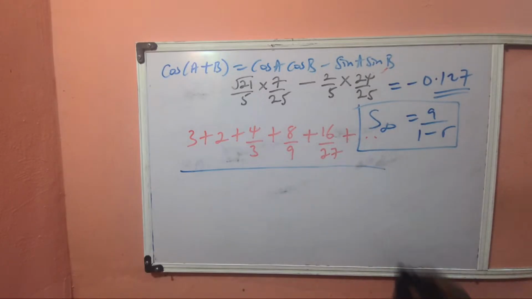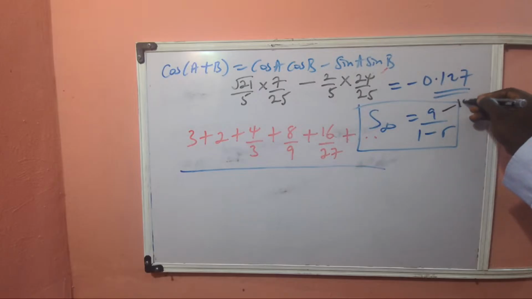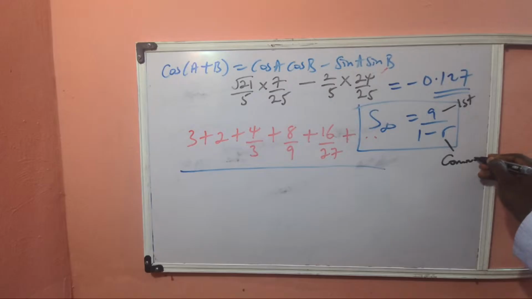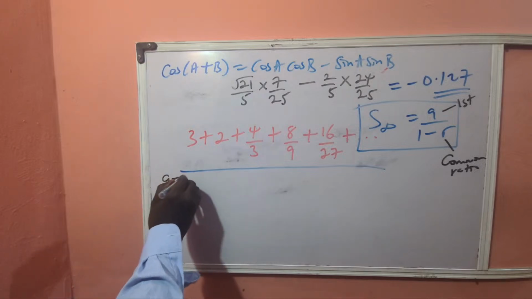Quite simple. Of course, the A here defines the first term. The R here is the common ratio. So from this particular series, we have our A as 3.